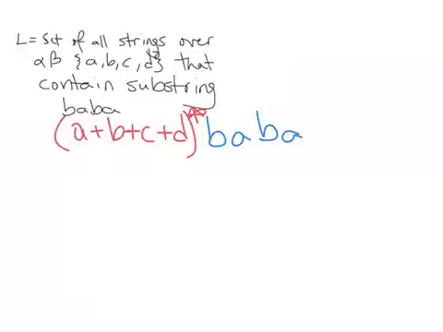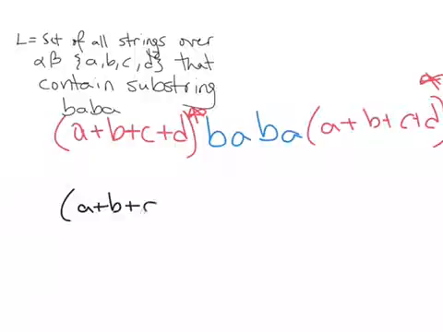And what about afterwards? I hope you'll forgive me for using different colors here, it's just to show you how I'm thinking about it in different segments. It can be any letter again, right? So now I've got a regular expression. Let me write the whole thing out again: (A plus B plus C plus D) star.